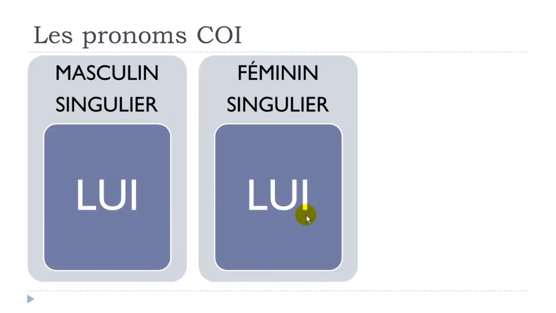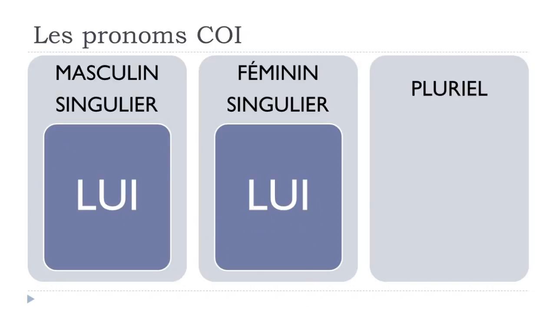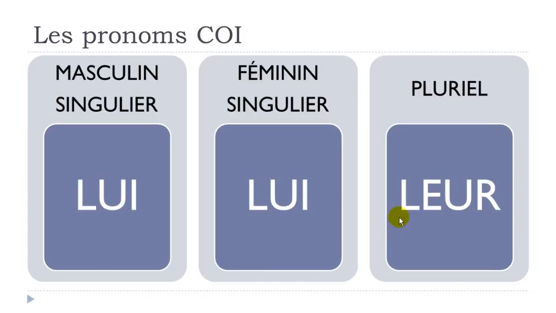So it's quite easy to remember, because it is the same form for the masculine and the feminine. And then for the plural form, third person of the plural, it will be leur. So masculine singular, lui; feminine singular, lui; and the plural form, third person of the plural, leur.